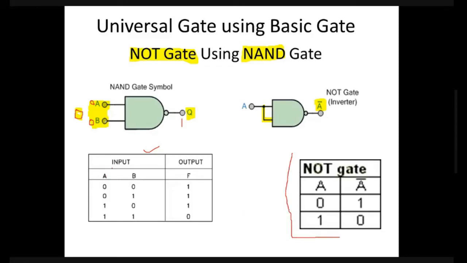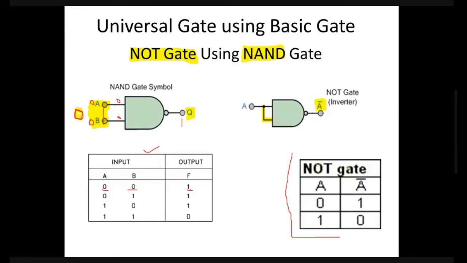We have to check this NAND truth table against our required output truth table, which is the NOT. First, we short these two inputs. The first input we apply is 0. This 0 comes to A, and B is also 0. Then 0, 0, what will be the output?